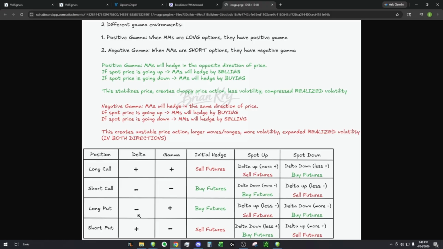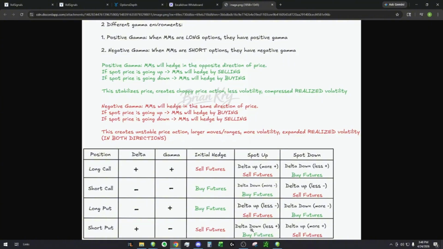Long put, they have negative delta, so again, to offset that, the initial hedge is to buy futures, and they have positive gamma. If spot price goes up, delta goes up, and they got to sell futures. If spot price goes down, their delta goes down, and they got to buy futures. And then the last one, short put, they have positive delta and negative gamma. So to offset the positive delta, they got to sell futures initially.